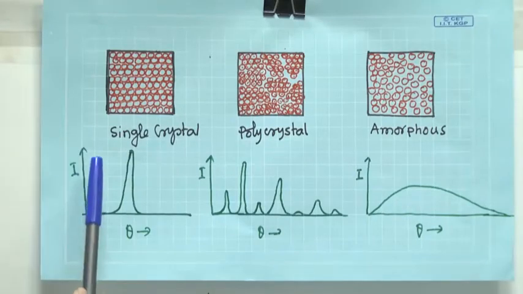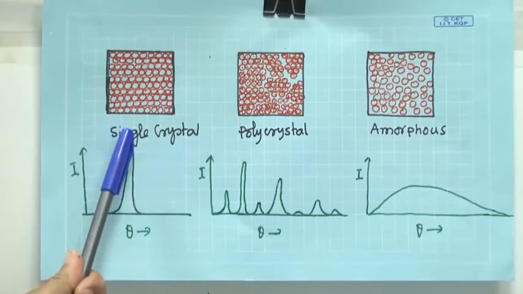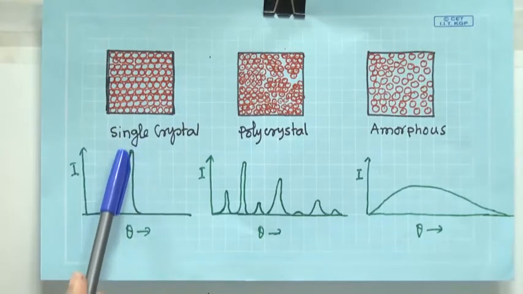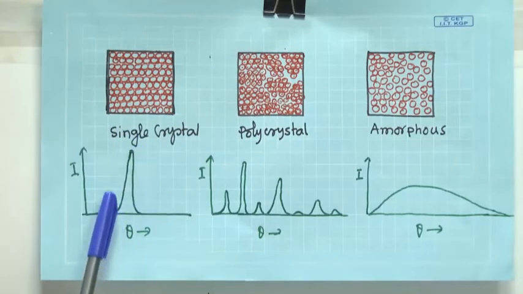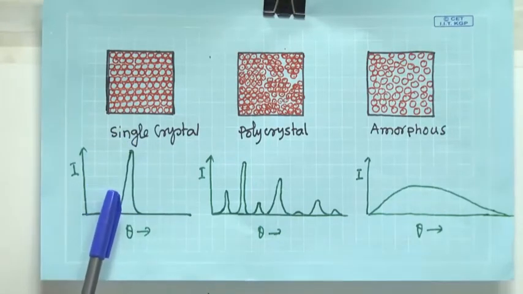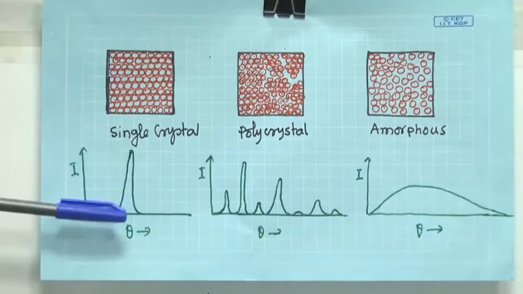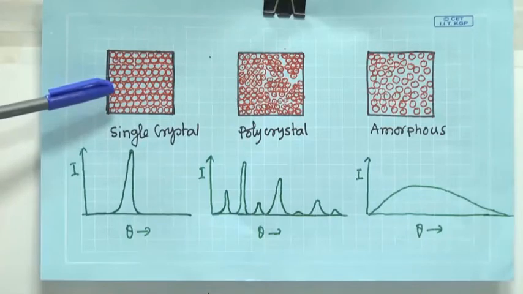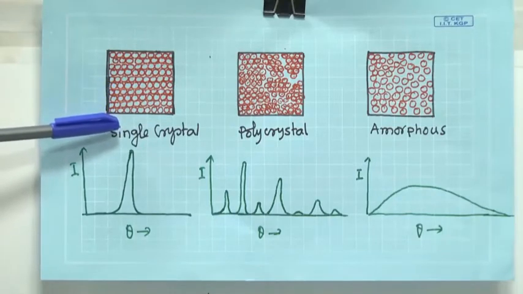In X-ray diffraction, if you get a very sharp peak, one peak for a particular orientation, then we can say this is single crystalline.